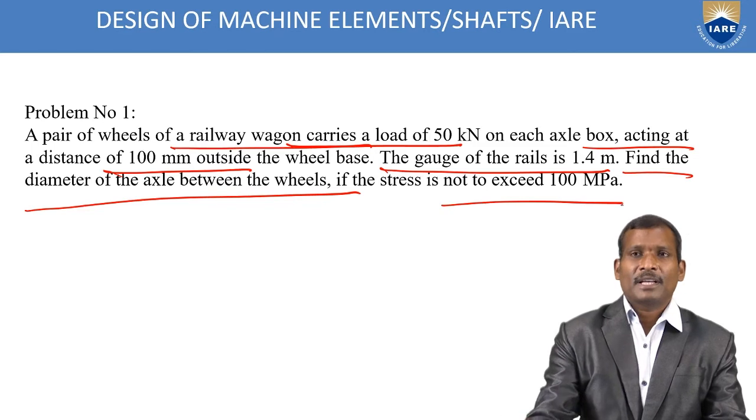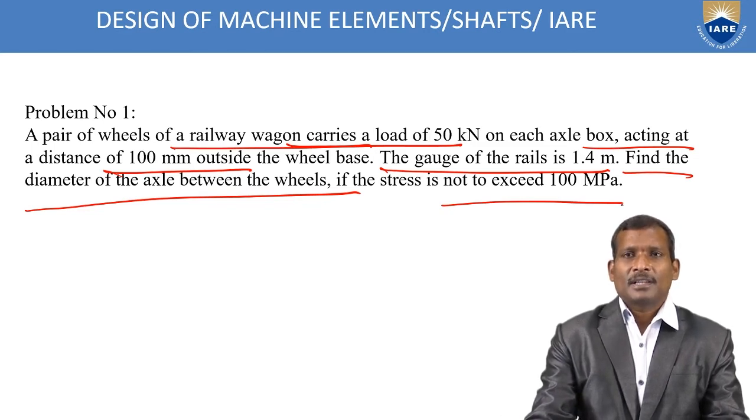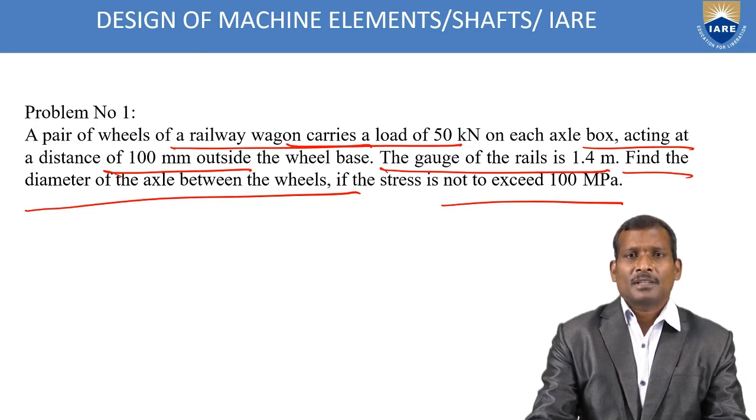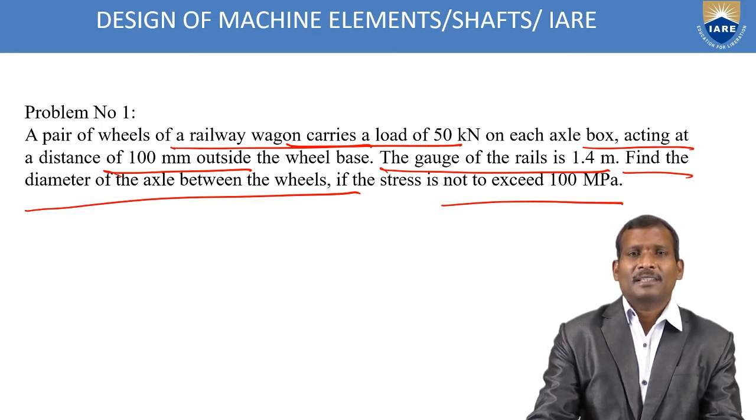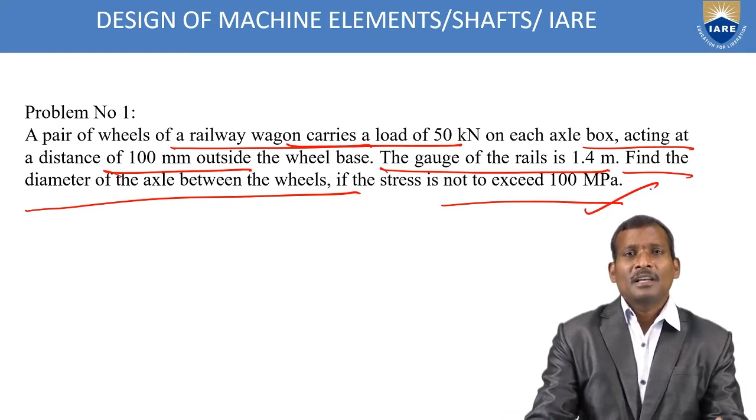So this is the given condition. Stress condition is 100 megapascal. This is the maximum stress. It means allowable stress not to exceed 100 megapascal. Whatever you calculate, the design stress should be less than this 100 megapascal. Then only the design is safe.